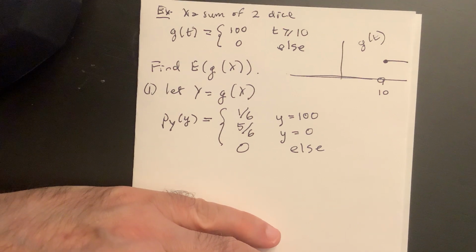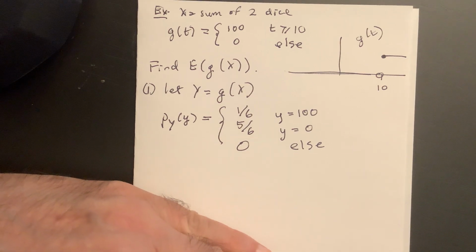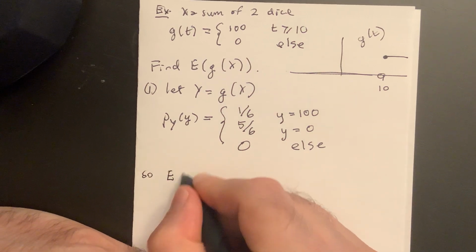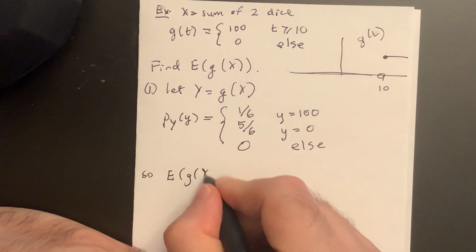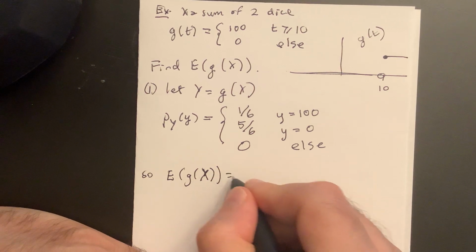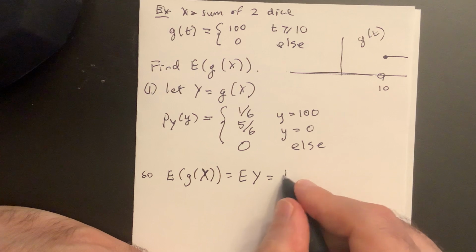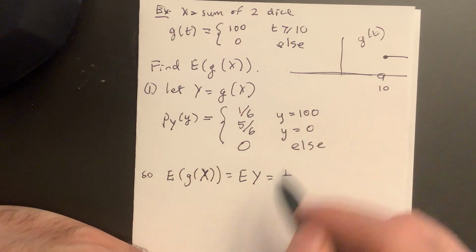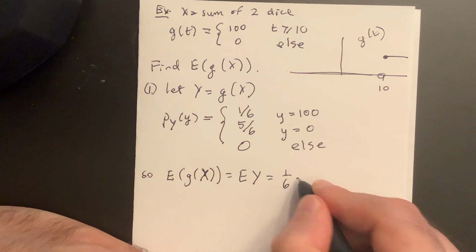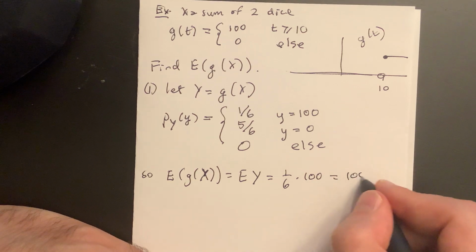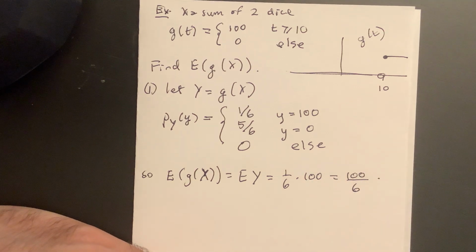So E of g of X is just equal to E of Y. Oh, it's not quite Bernoulli, right? Because it's 100 here. So it's 1/6 times 100 plus 0 times the other thing. So it's just 100/6. Okay, so that's E of g of X.